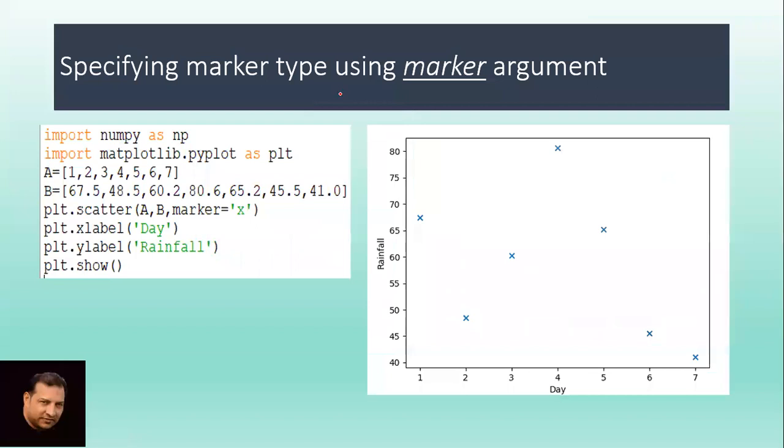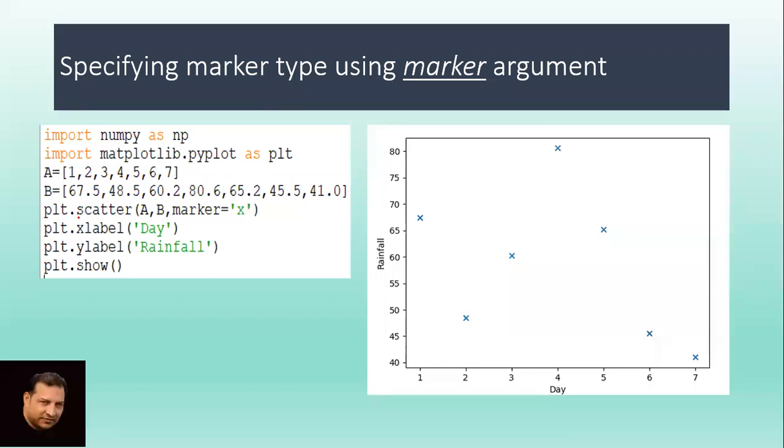Specifying marker type using marker argument in scatter chart. In earlier slide, you saw dots or circles, filled circles. If you want something else, in that case, you can use marker argument. As you can see, this statement, everything is same.